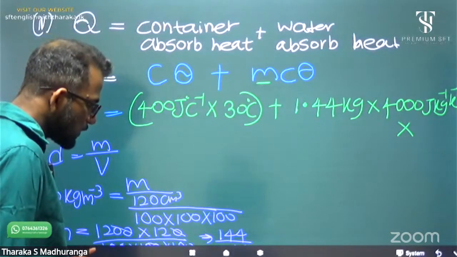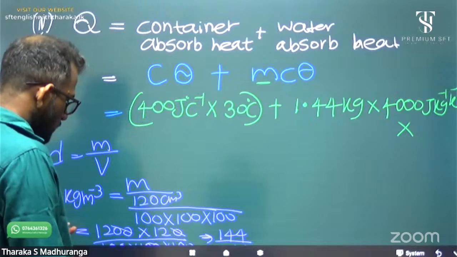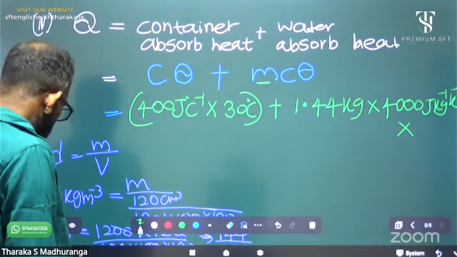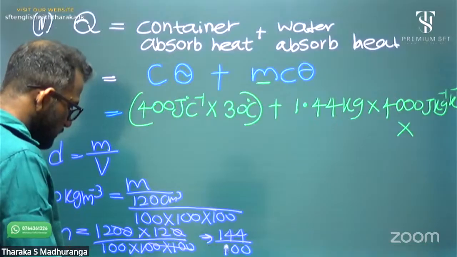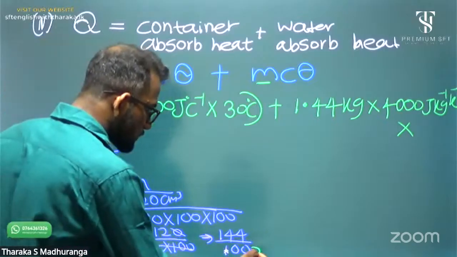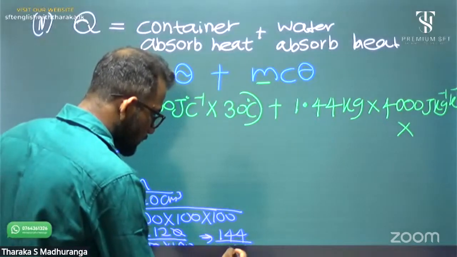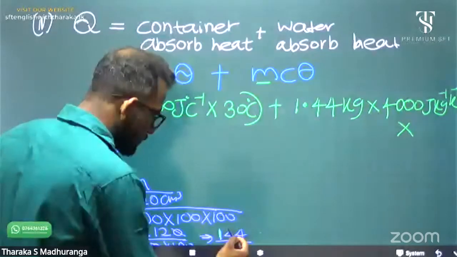Three zeros remaining. Then it is 1000. Sorry, I can't write.